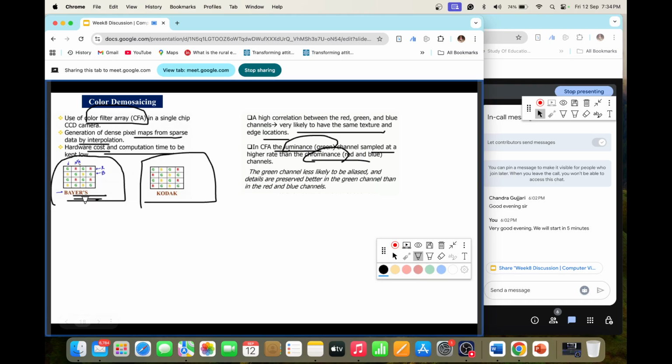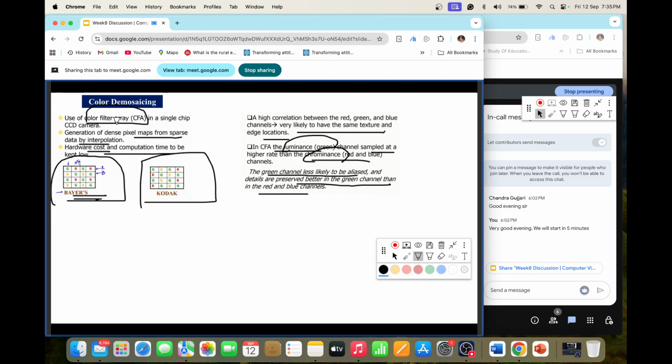So in this Bayer approximation, green is luminance and the other two channels, red and blue, are chrominance. The green channel is less likely to be aliased, and details are preserved better in the green channel than in the red and blue channels. That is why we have more green than red and blue.